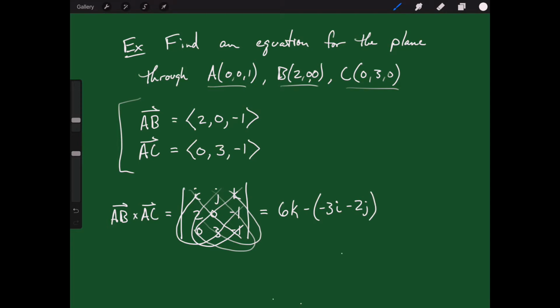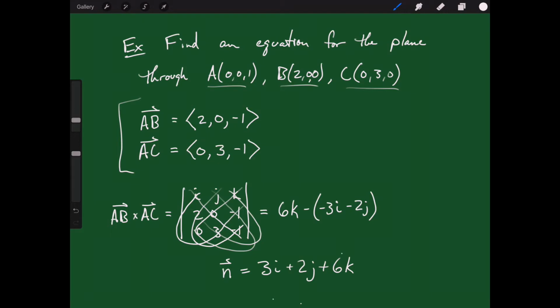So this normal vector, let's call it n now, that's normal to my plane, is how many i's? I suppose this is 3i plus 2j plus 6k.